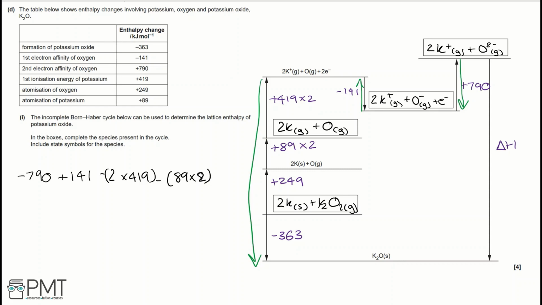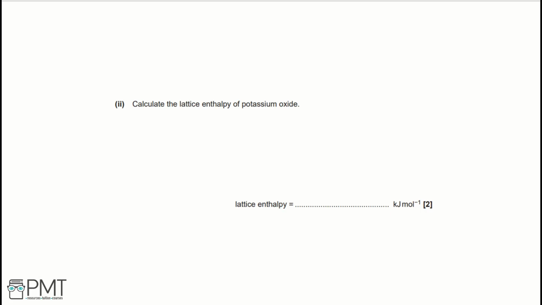Then we're going to minus 249 and minus 363. This would produce our lattice enthalpy, and that gives us the value of minus 2,277 kilojoules per mole. So we write this value as our answer, minus 2,277 kilojoules per mole.